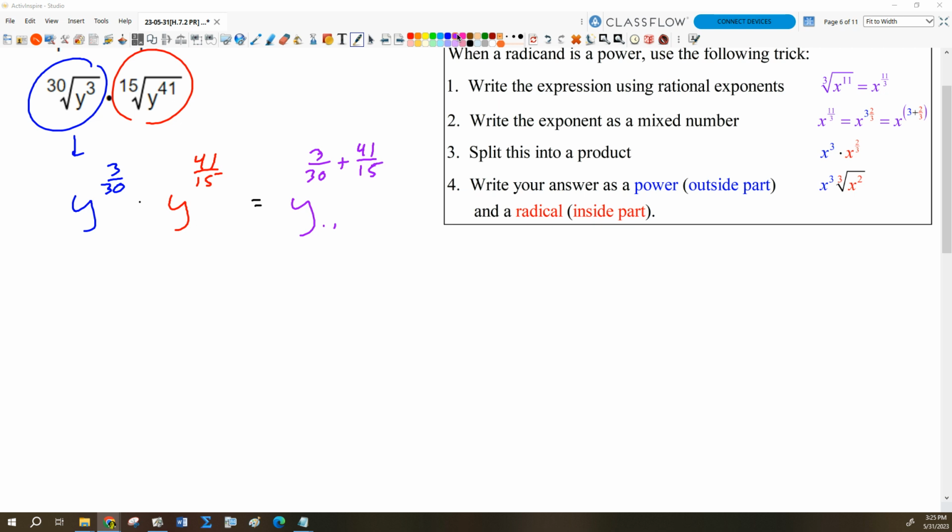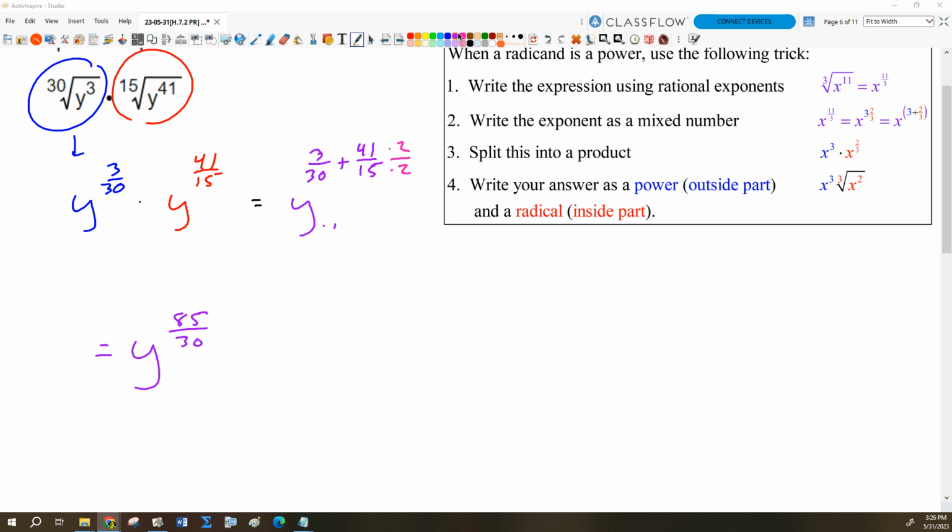Well, 41/15. What do I need to do there to get a common denominator? Okay, 2/2. And that's going to give me y to the 3 plus 82, 85, over my common denominator of 30, right? 3/30 plus 82/30 is 85/30, right?